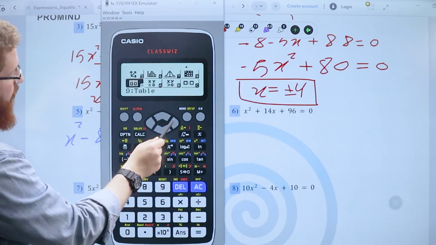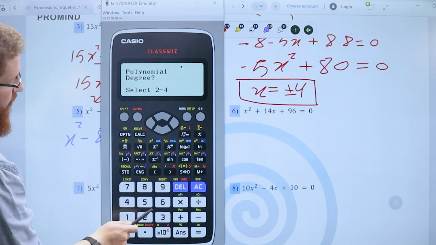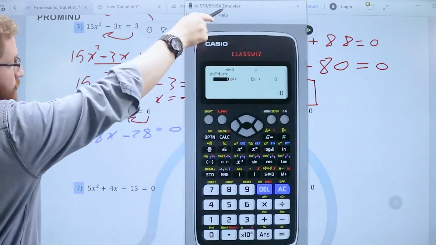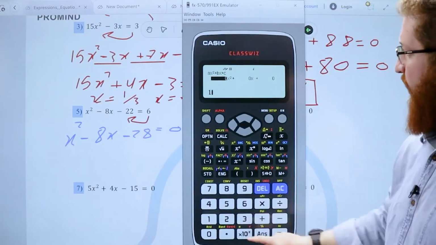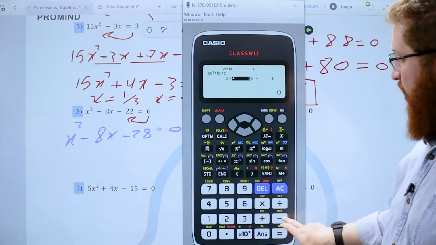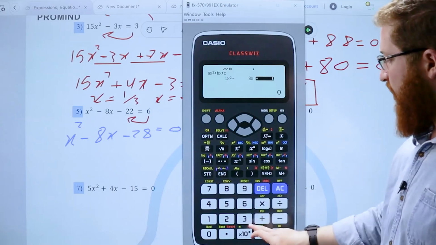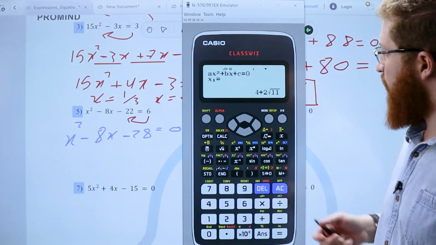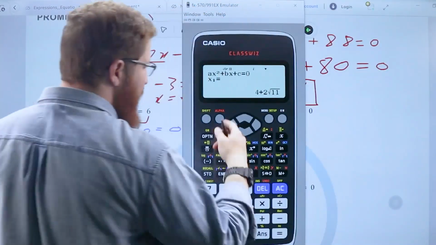Get back to the equations setup. Polynomials. Degree, second degree. Okay. Now using the calculator, we will have the coefficient of x squared is 1. The coefficient of x is minus 8. The last constant, minus 28, equals. Now you realize that this value is different.